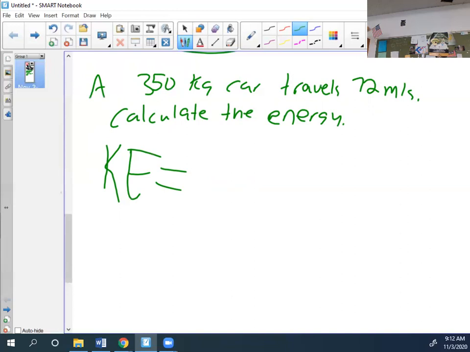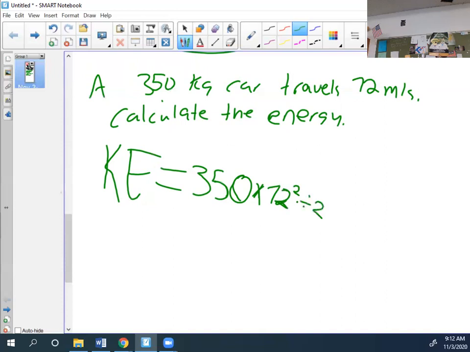But right on the board, what's the mass? Yep. Times velocity squared. What's the velocity? No, that's G. G is 9.8. 72 squared, divided by 2.